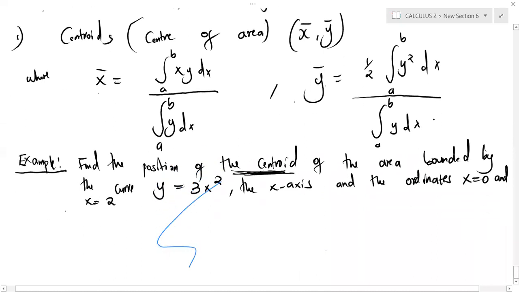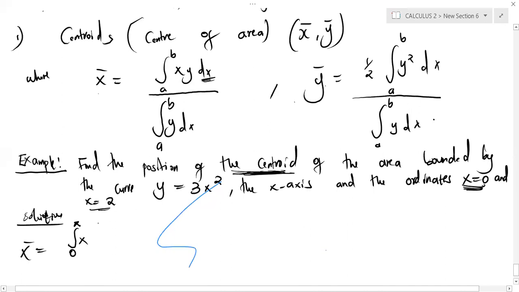We first of all want to get our x bar. Our x bar is given by, following the formula, the integral from a to b. And what is our a to b? We've been given the x ordinates from 0 to 2. Clearly, as you can see, we're integrating with respect to x. So we have 0 to 2 of x. What's the value of y?